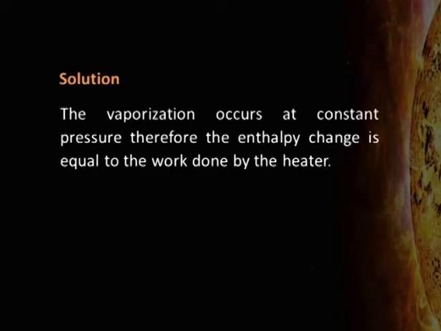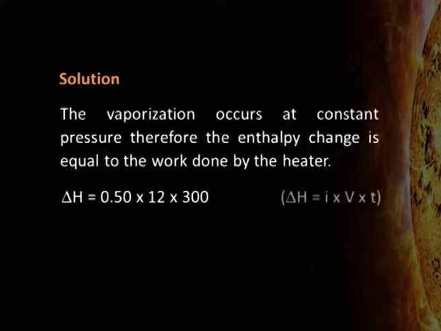The vaporization occurs at constant pressure, hence delta H will be equal to work done by the heater. Therefore, delta H will be equal to 0.5 multiplied by 12 multiplied by 300, which is equal to 1800 joules.